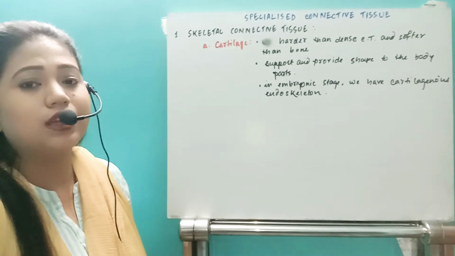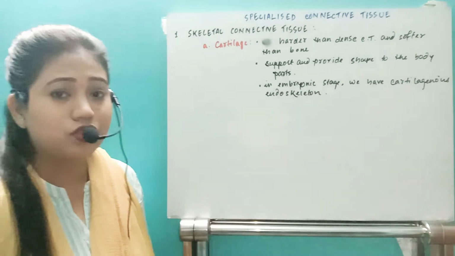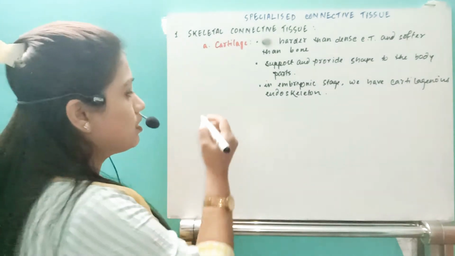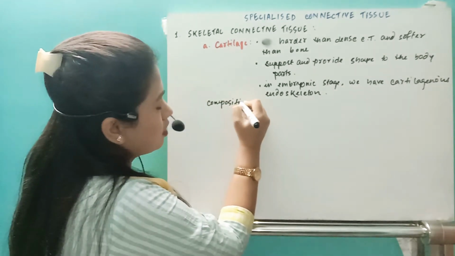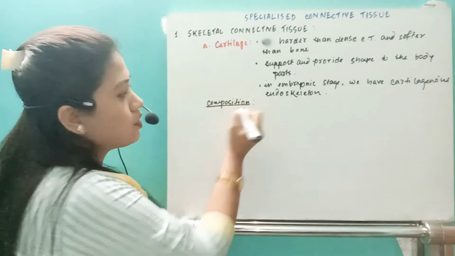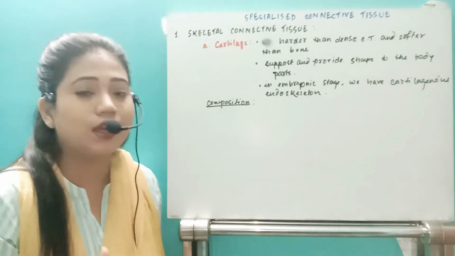Now whenever it comes to the composition of cartilage, that means how many structures are present in the cartilage. See, what is the composition? First thing we should know is that this cartilage is going to have three components.